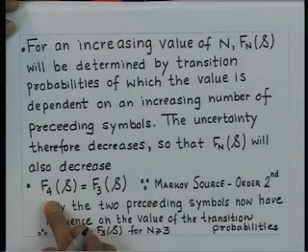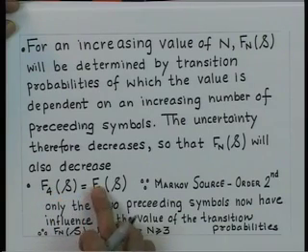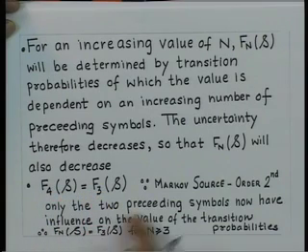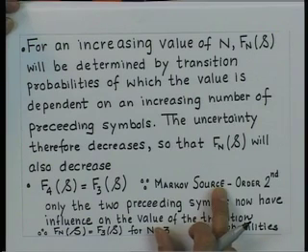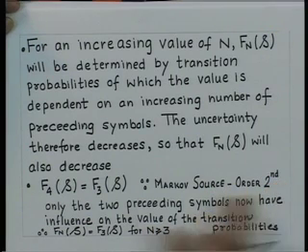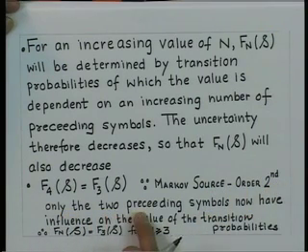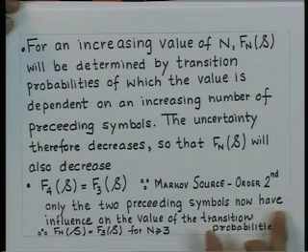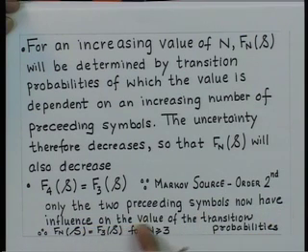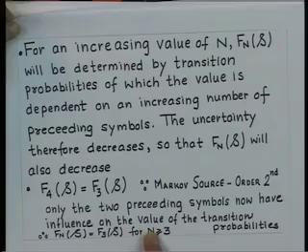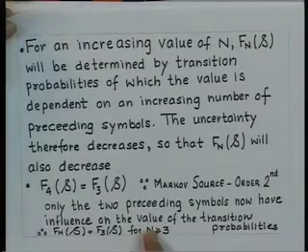Now, in our case, if we try to calculate F4S, it will turn out to be the same as F3S because the Markov source is of order two. So, only the two preceding symbols now have an influence on the value of the transition probabilities. Therefore, FNS will be equal to F3S for n greater than or equal to 3.